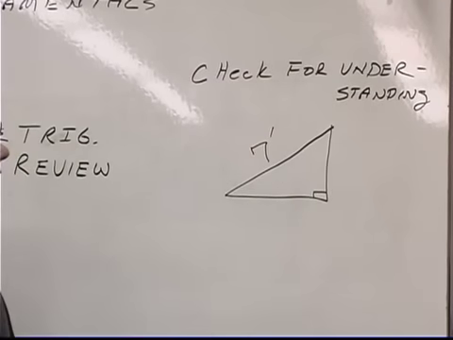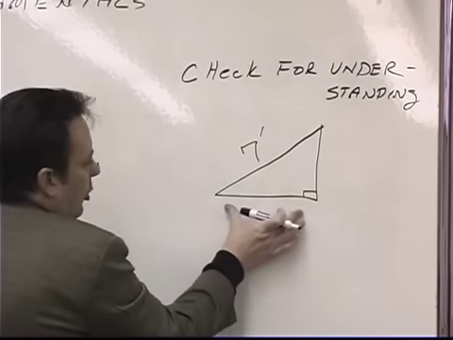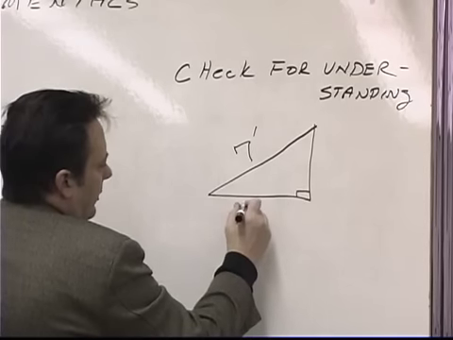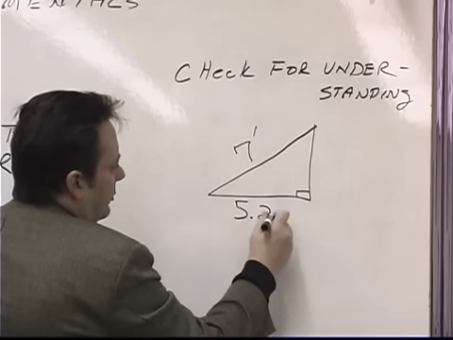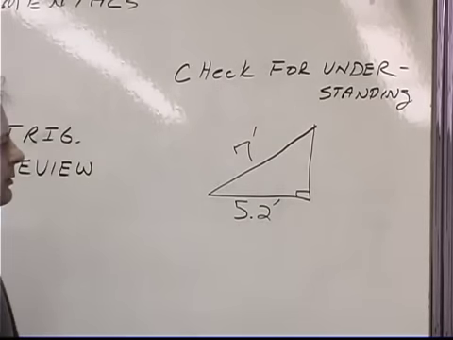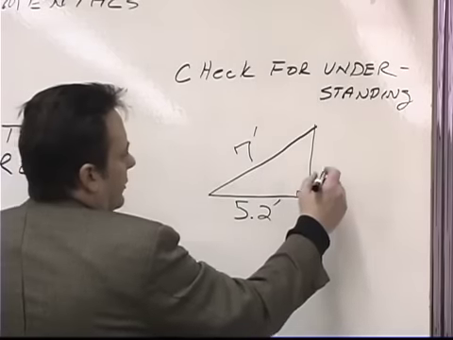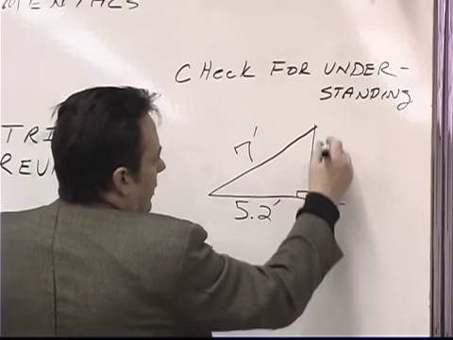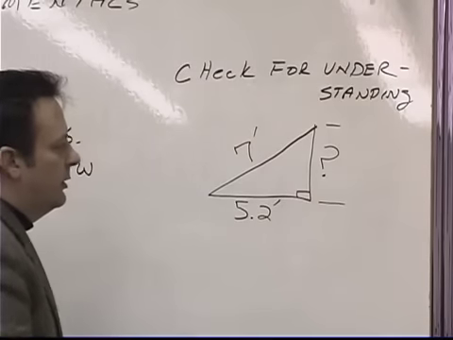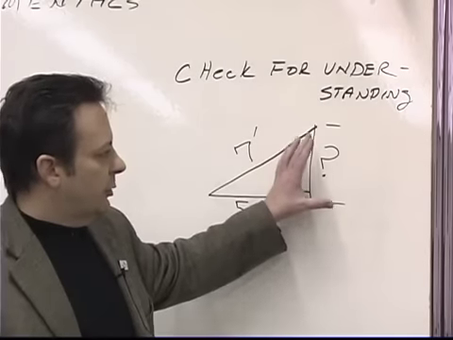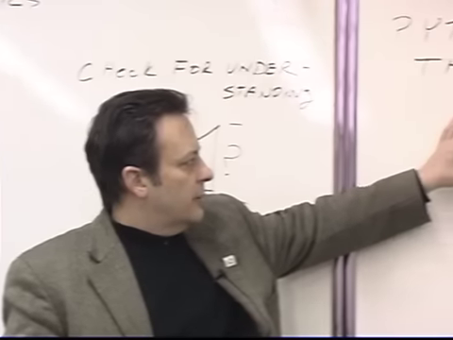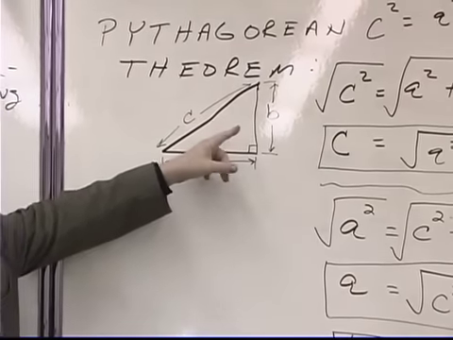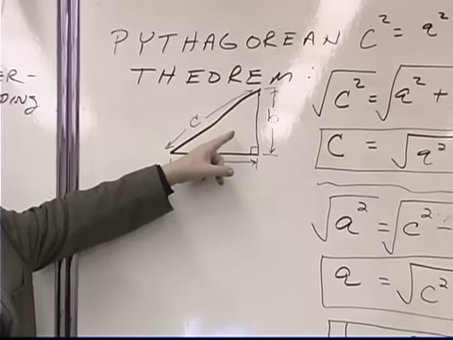And I'm going to indicate that the length of the horizontal component of the right triangle is 5.2 feet. And what I want to know is, what is the length of the vertical component of the triangle over here? So in other words, if we were to refer this back to our original diagram using the Pythagorean theorem, we're trying to solve for B.